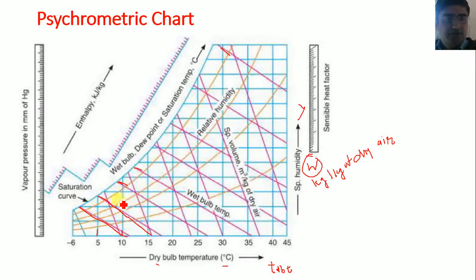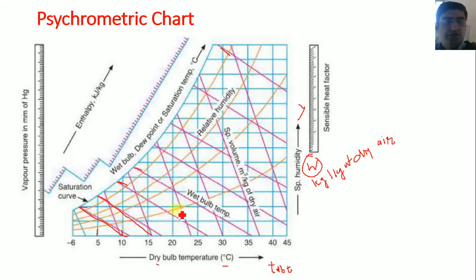And if you want to find the value of the dew point temperature, it is shown by this horizontal line. Here are some values of temperature. If you follow this horizontal line, it shows the dew point temperature.